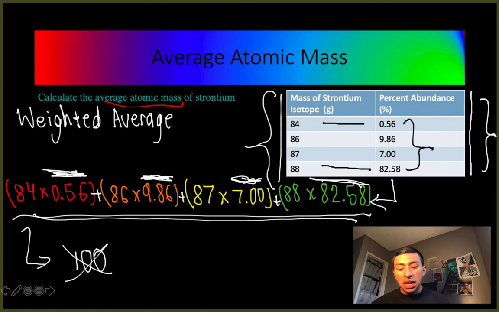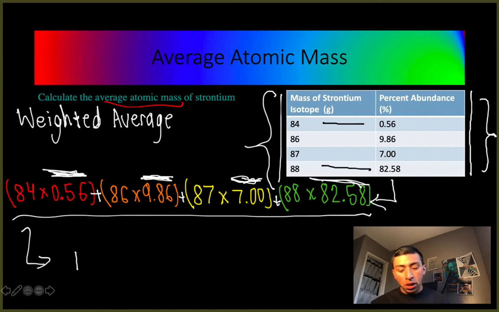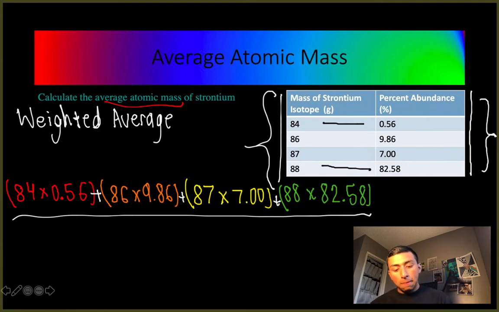In this case, I am going to leave them as percentages in my problem setup and then divide by 100 in the end. And so I'm going to go ahead and calculate this problem. You should get the same answer if you do it the other way. So there's really just two ways to approach this weighted average setup, but you should always get the same answer.